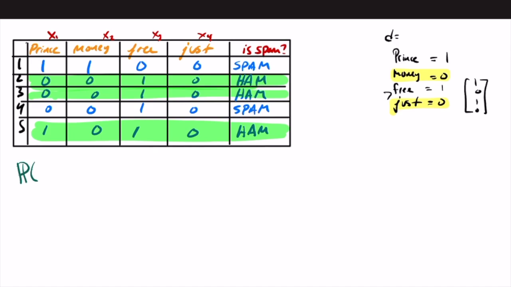This is the probability, same thing. This is bothering me, so let's take care of these guys real quick. Okay.